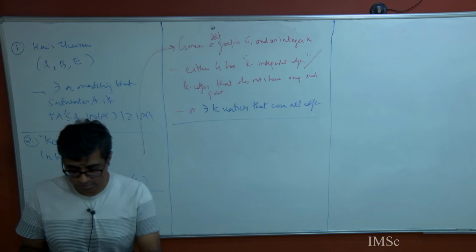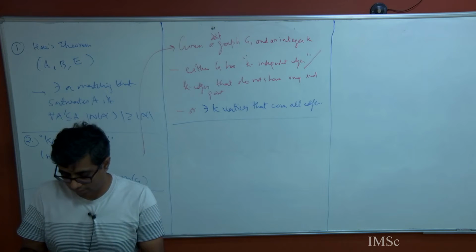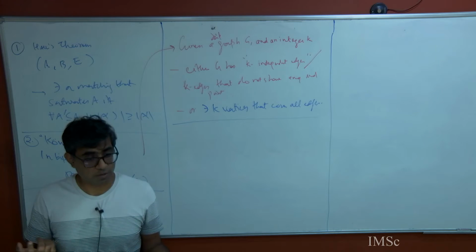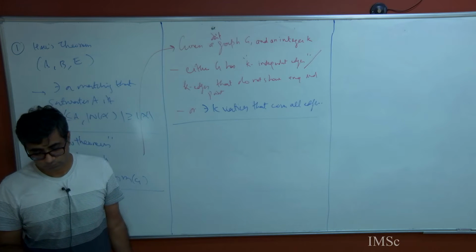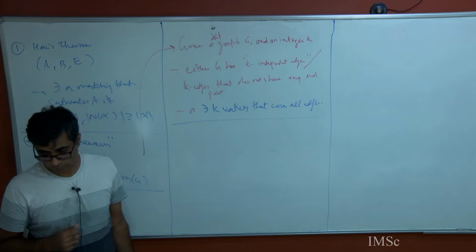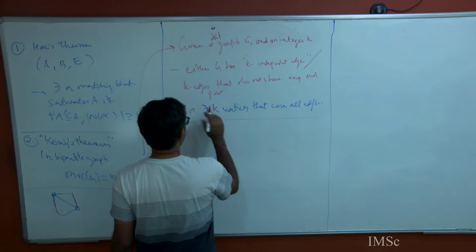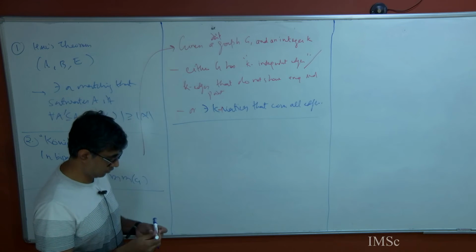The matching is exactly, yeah, so in particular with k vertices, or there exist k minus 1 vertices that cover all edges, if you want to be more exact.